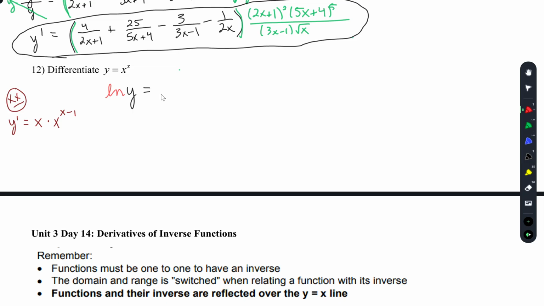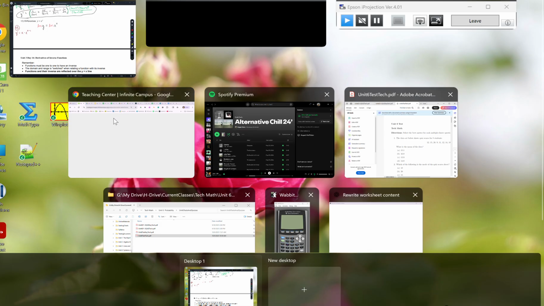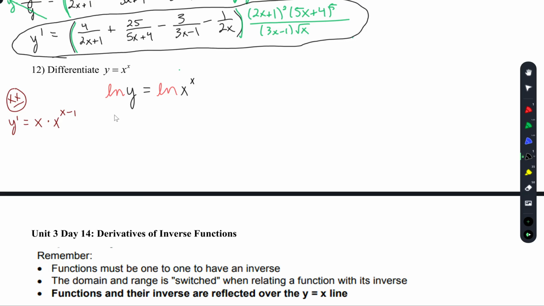You can't deal with it right now because there's no fancy rules for those ones. The point of doing it is so you can use your natural log rules to get that exponent down. So it ends up being natural log y equals x times natural log x.